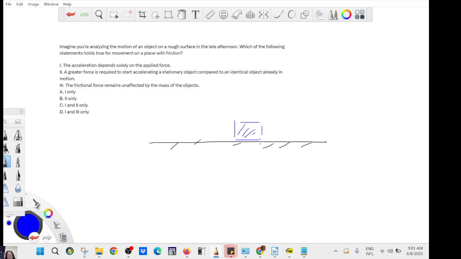You have something on the rough surface, which means you're going to have some kinetic friction. So kinetic friction is the coefficient times the normal force here. And if there is no angle, if it's not an inclined plane, the normal force is just mg. If it's an inclined plane, the normal force is mg cosine.